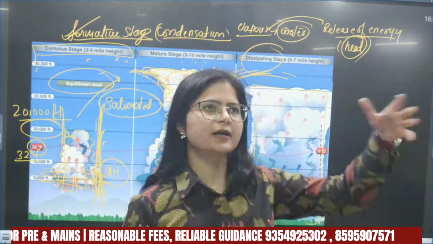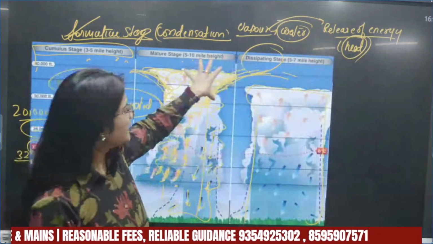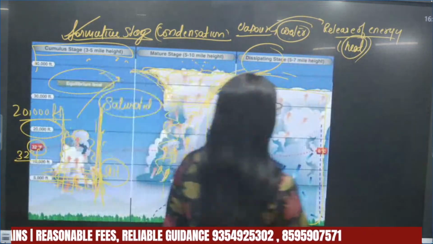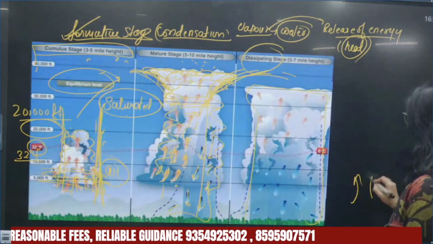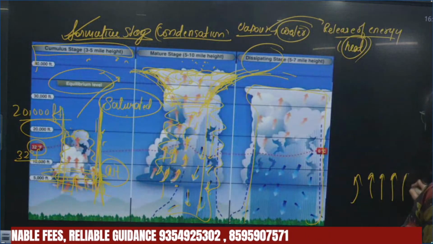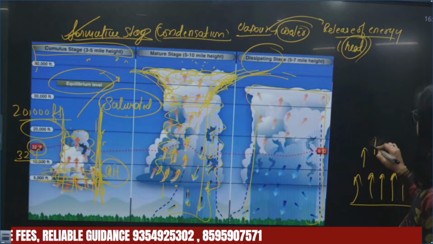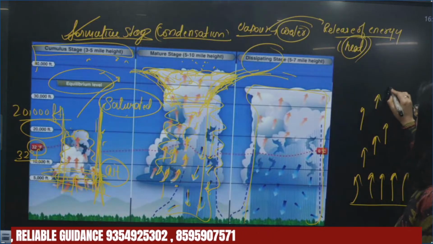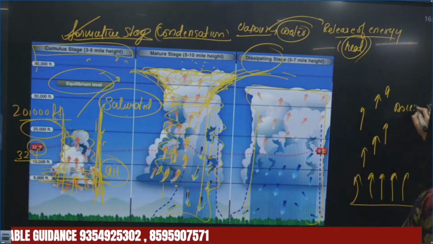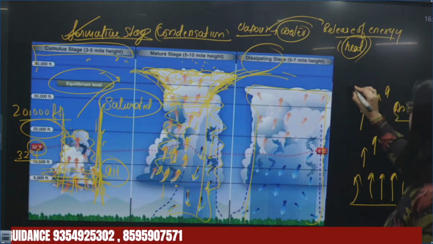जैसे ही ऊपर जाएगा, एयर सैचुरेट हो गई. नीचे तो you are having the moist air and warm at the same time. जैसे जैसे ऊपर जा रहा है, it is going up because it is warm. As it is warm, it is also expanding.